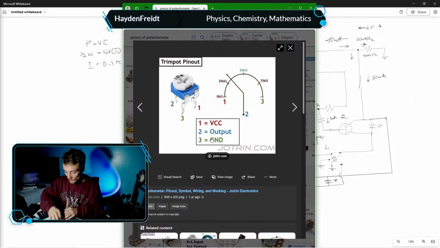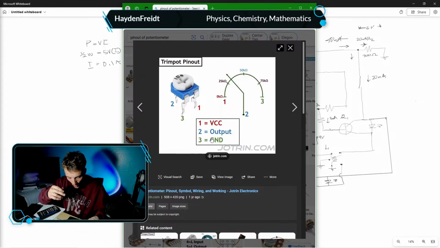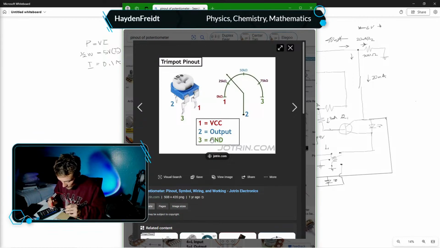That's not even what I want to measure. That's not what I want to measure. No, what I want to measure is I want to go to the resistance setting. Yeah, that's what I want to measure. So we're going to go to the 200 ohm resistance measure, and then I'm going to connect the output positive to the ground, just like that.